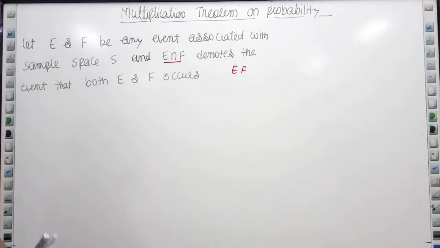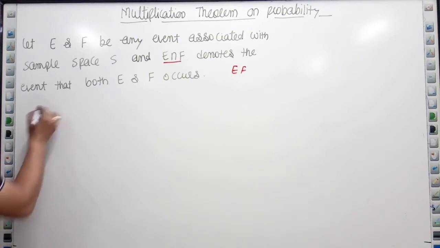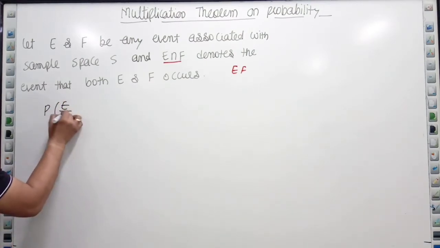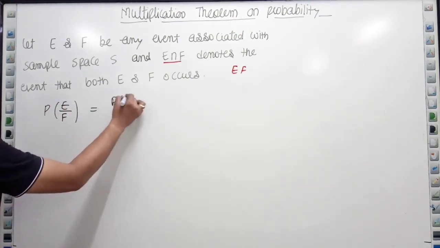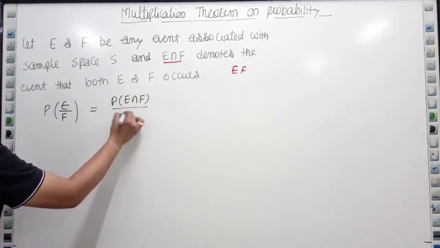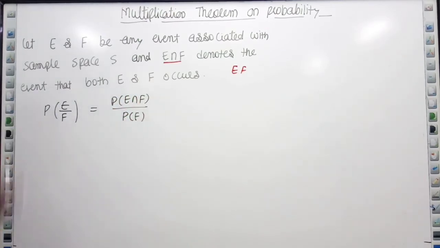Then how to calculate it? Let's pay attention here. We have already discussed that P(E|F) is P(E intersection F) upon P(F). What is P(E|F)? Probability of E, F has already occurred, conditional probability.